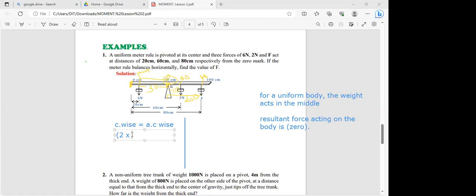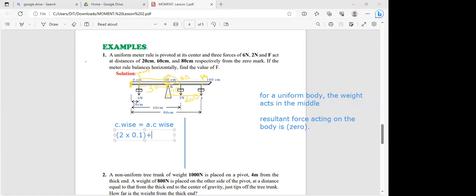And instead of having 10, we are going to have 10 divided by 100, which will give us 0.1. That is the distance of the 2 from the pivot. I've told you we have to change to meters.